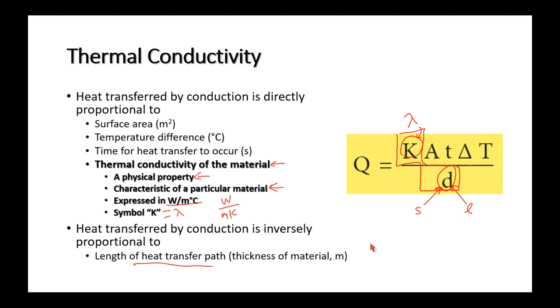And what I can do is rewrite this as Q is equal to K over D, or lambda over S, or whatever you want to do, times the area, the heat transfer area, times the time that we permit the heat transfer to take place, times the delta T, which is the temperature on one side of the material minus the temperature on the other side of the material.